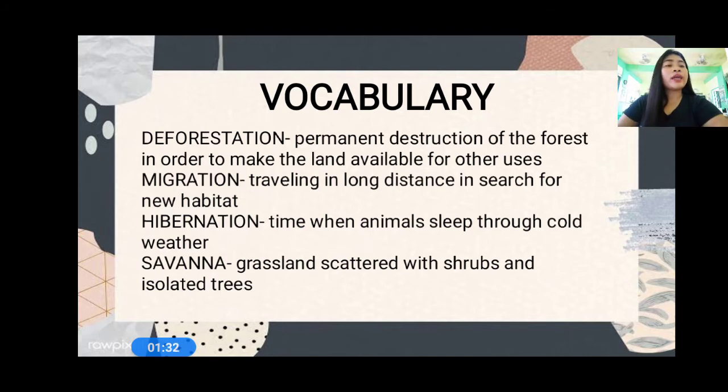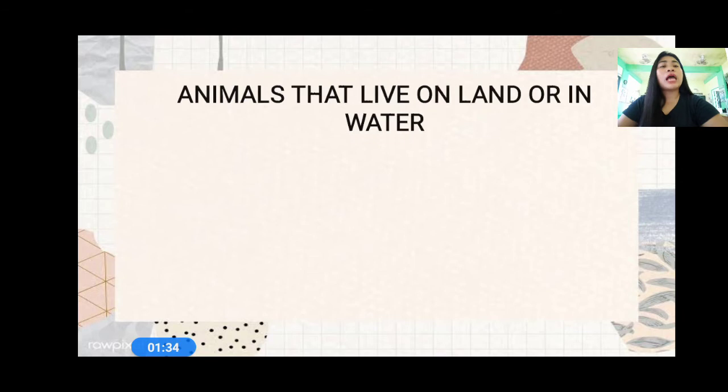Now today, we are going to talk about animals that live on land or in water. So what are we going to talk about today? The animals that live on land or in water. So what do you want to learn? So what are the animals that live on land? What else? What are the animals that live in water?